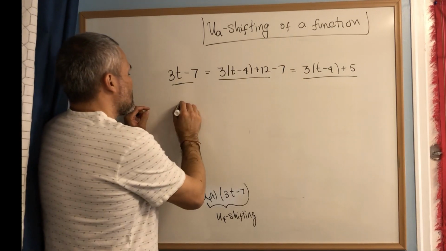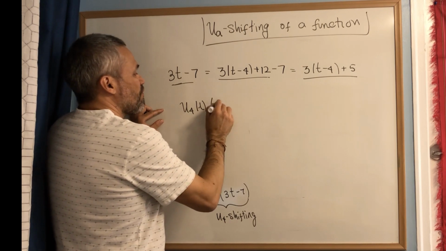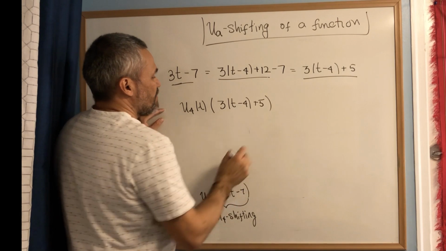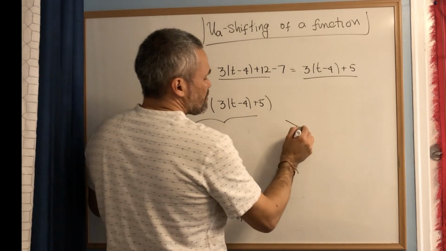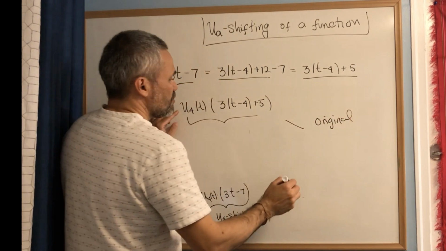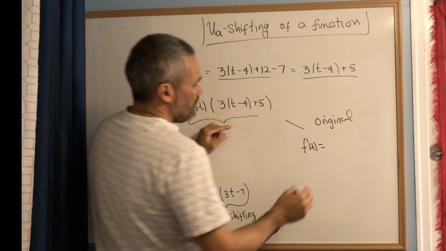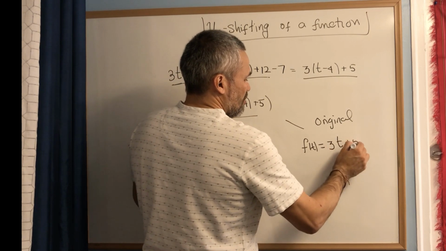But now the question is, what is u4 of t times 3 times t minus 4 plus 5? This is the u4 shifting of what original function? The original function would be f of t equal 3 times t plus 5.